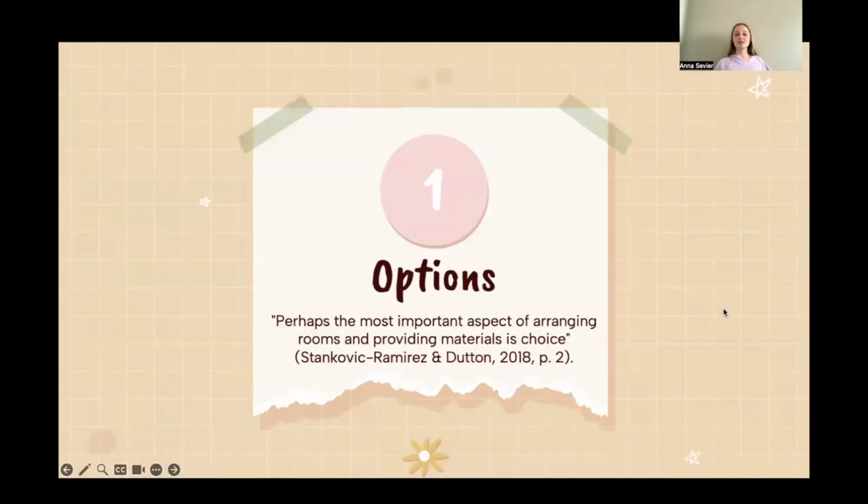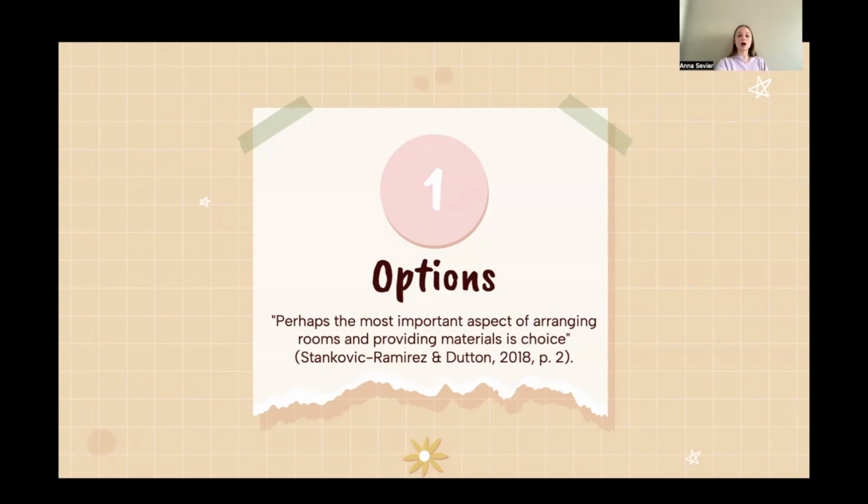Perfect. Okay, so the first one is options, providing multiple choices for kids in the playroom. And in the article, The Classroom as a Teaching Tool by Zlata Stankovic Ramirez and Catherine Dutton, it's highlighted that choices are perhaps one of the most important aspects of arranging rooms and providing materials.